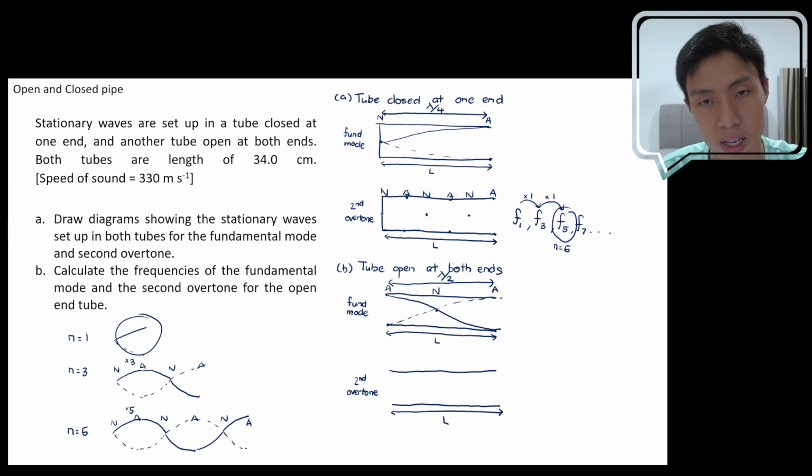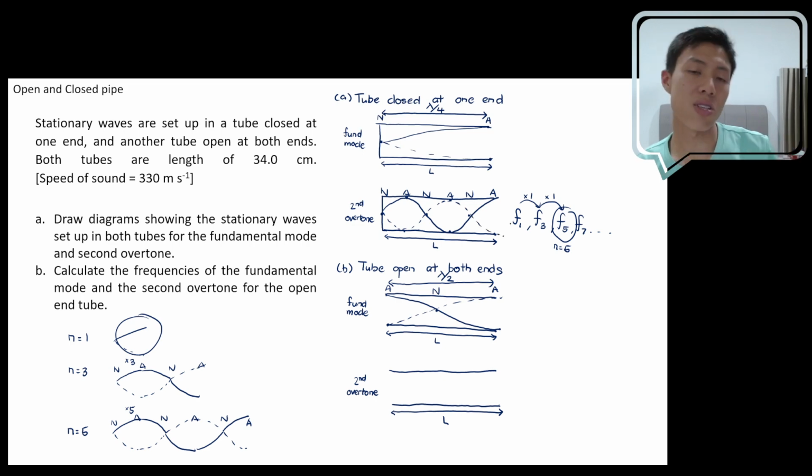So now if you sketch, maybe something like this. The other side, something like this. So this will be your second overtone or the fifth harmonic for a closed pipe.